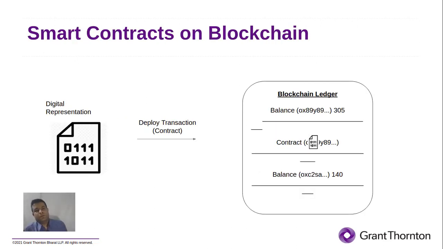When this digital representation, which could be code written in any programming language like JavaScript or Java or Golang or Solidity, is put on the blockchain as an executable code that's residing on the ledger, then it becomes a smart contract. And this process is called deployment.